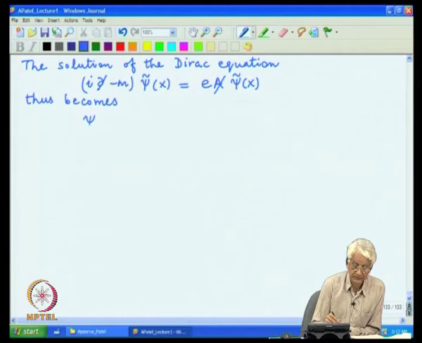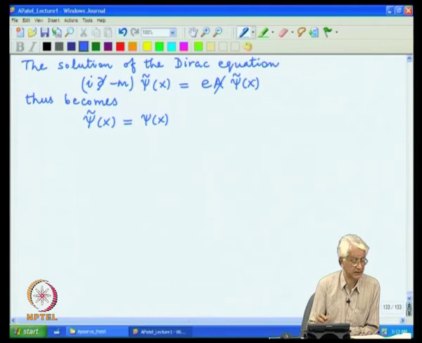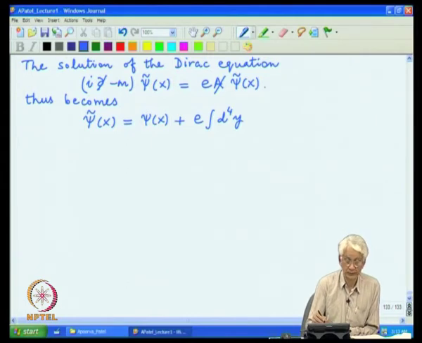So, the general solution is psi tilde x, psi x is the solution of the homogeneous equation when the interaction term on the right hand side is 0, and the contribution now is coming from the interaction term overlapping with the corresponding Green's function.